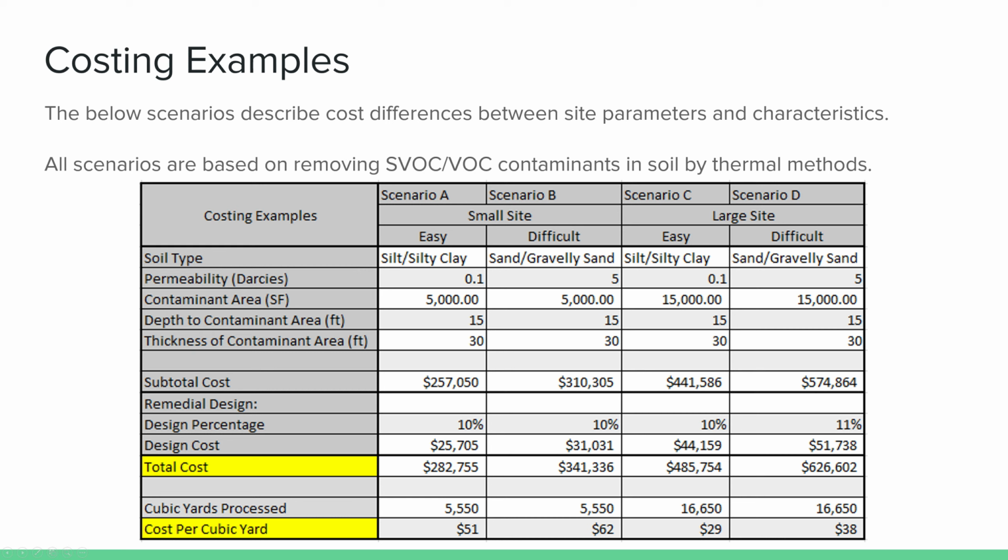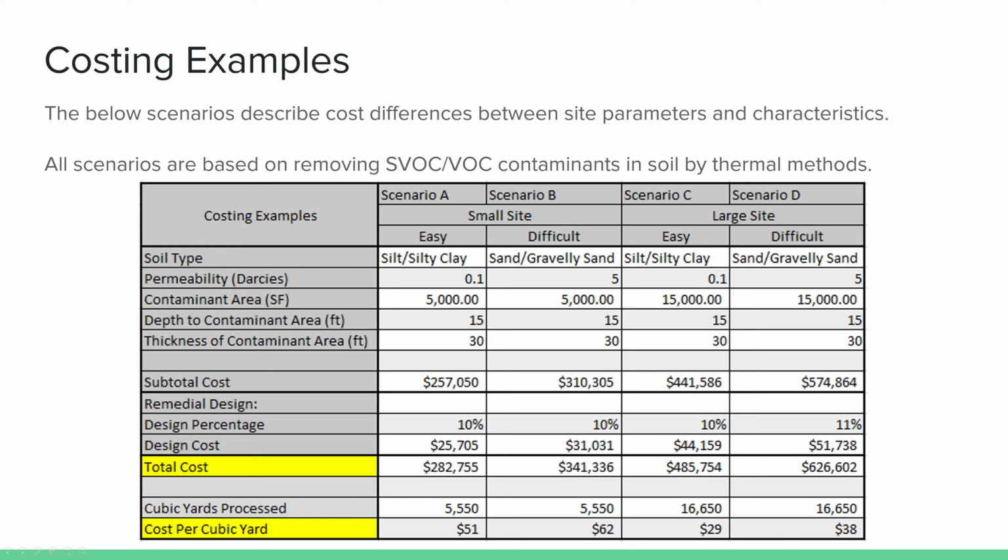Furthermore, we are not going to pay a lot of attention to exact dollar amounts because these amounts are going to change for every remediation project, as well as any company who bids the project or does a cost analysis for it.